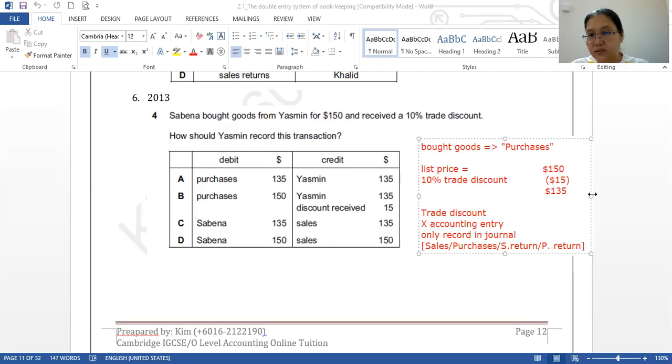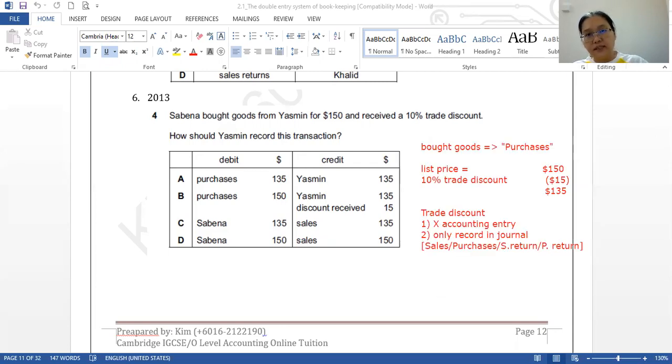So take notes about the trade discount. First, no accounting entry. Second, only record in the journal. So your answer will be about goods purchases account. You debit purchases. What is the amount to be recorded? Only take the net amount. So your answer will be A.